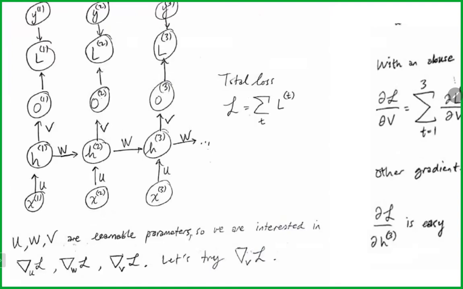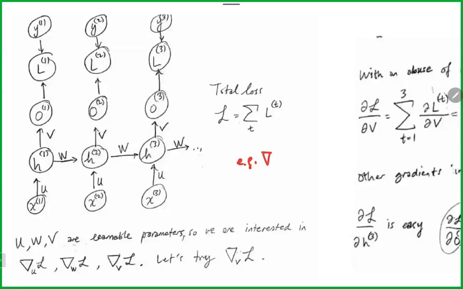Let's say we want to compute the gradient of loss with respect to U, which is a parameter in the model. And U is used between x and h, right? And L is here.